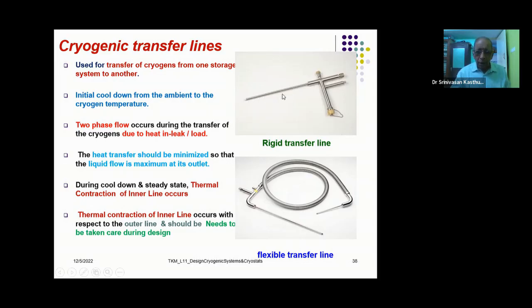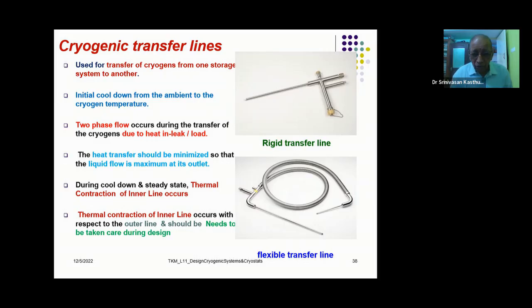This will take the cryogenic fluid and allow it to flow to the other side. I think this is typically for transfer of cryogenic fluids like liquid hydrogen or liquid helium from a storage dewar into a continuous flow type cryostat system. For that, this type of transfer line can be used.